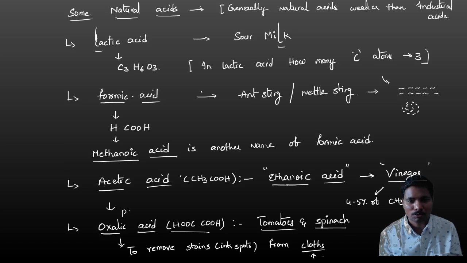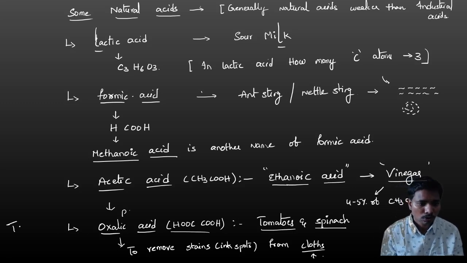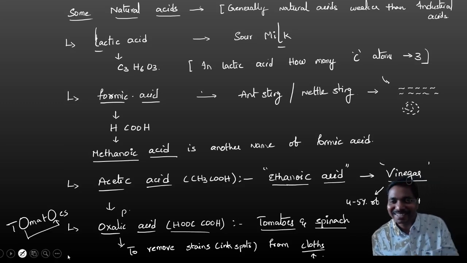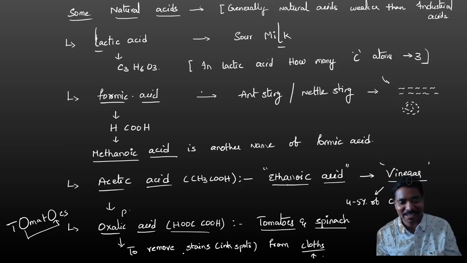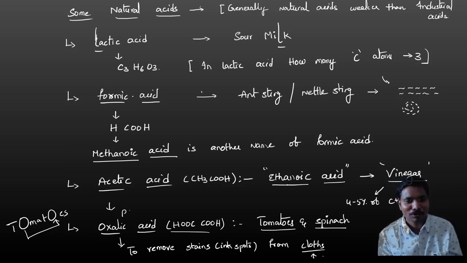Now coming to oxalic acid. Oxalic acid is present in tomatoes. Let us take the word tomato. Which letter is dominant here? O is dominant, right? So O for oxalic acid. Remember it that way.